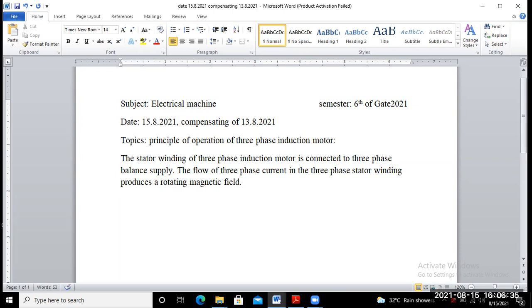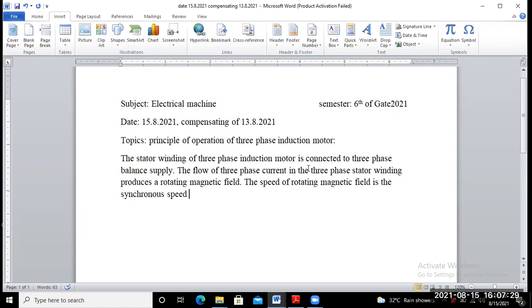The speed of the rotating magnetic field is the synchronous speed, that means ns equal to 2f1 by p, where f1 is your supply line frequency and p is the number of poles of the machine.